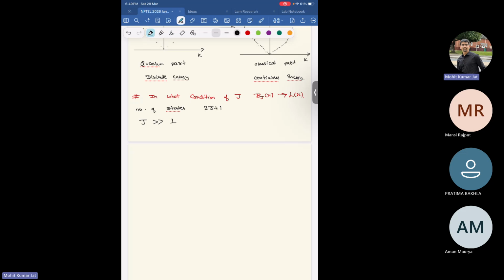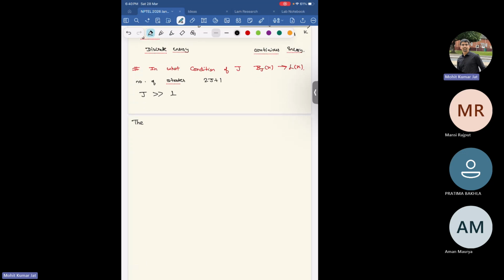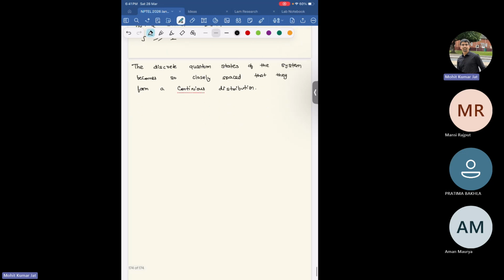When j is very large, the discrete quantum states of the system become so closely spaced that they effectively act like the classical counterpart from a continuous distribution, like for j much greater than 1.